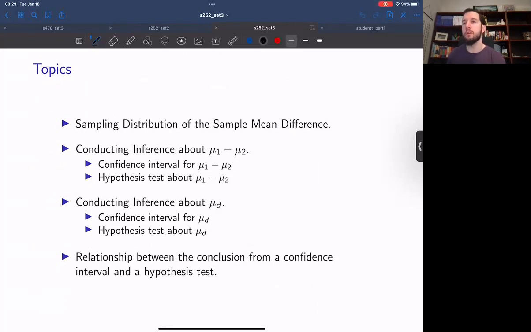So instead of looking at the z versus the t, we are going to look at 2 sample t-tests under 2 different assumptions: the independence assumption and the lack of independence assumption, if you will. So we're going to look at 2 different types of 2 sample inferential procedures based off the student t distribution.